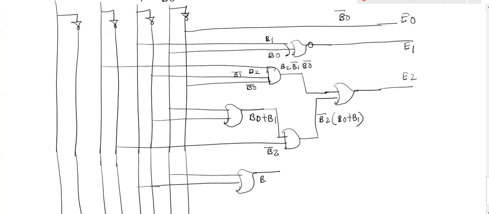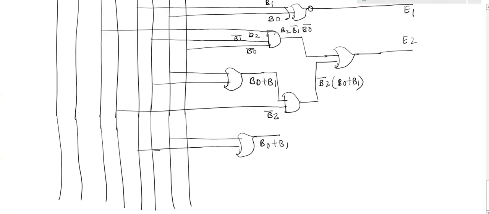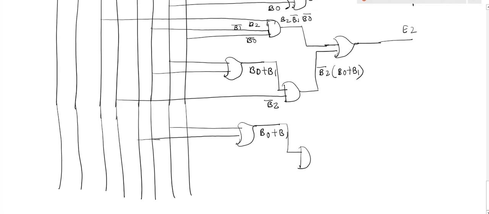This is B0 plus B1. Now this will be the first input to the AND gate. Second input is B2. Now this is B2, I am giving as a second input. And it is B2 into B0 plus B1.